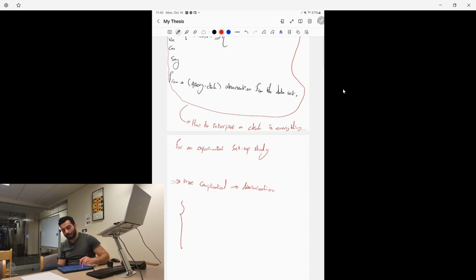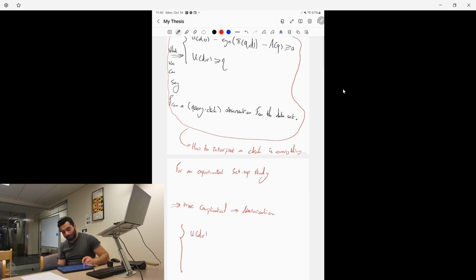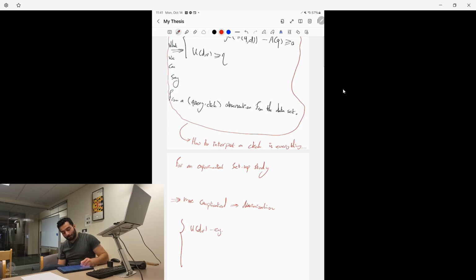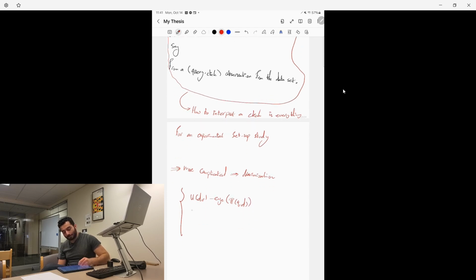It is telling us that u of d and v minus the eyeballing cost of pi q and d is greater than or equal to u of d prime and v minus the eyeballing cost of pi of q and d prime, for each d prime in the set.